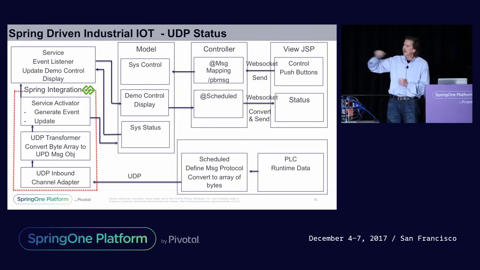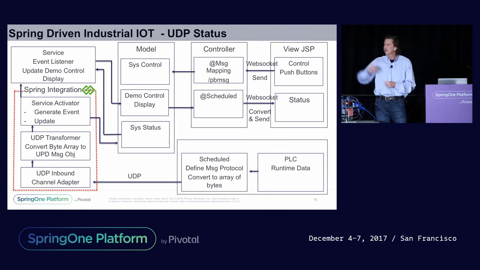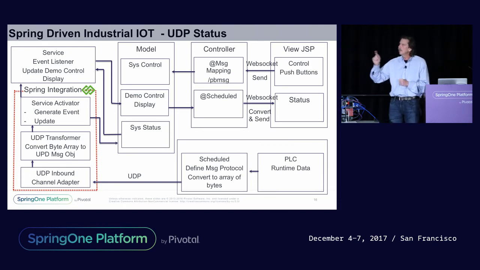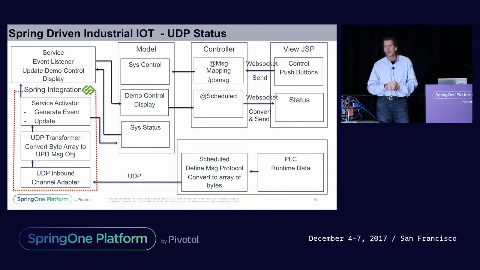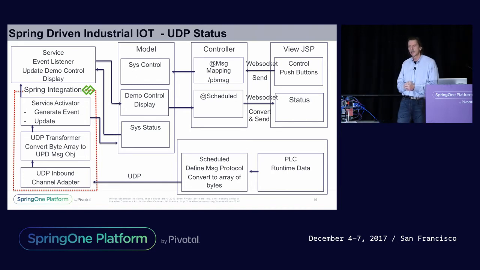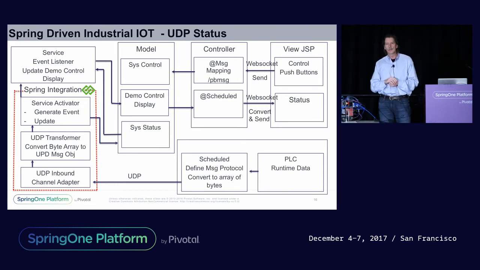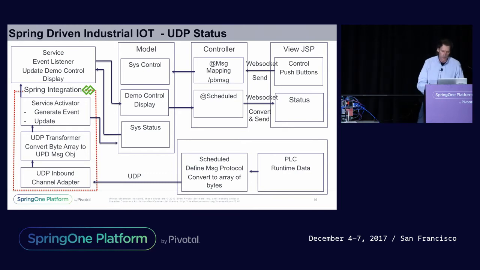And we send that up, and here again, that byte array is transformed into an object, and that object we then update out of the service activator. We call a listener that will update the model data, and then that model data gets converted into display data, basically strings, that then get sent through the WebSockets to update the data on the screen.